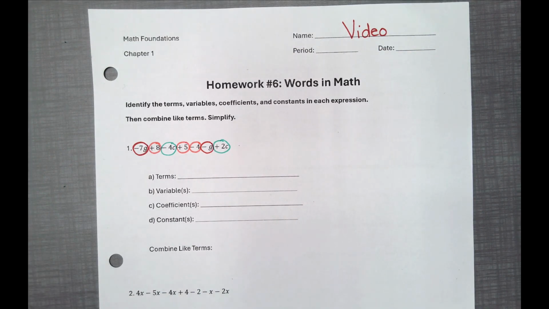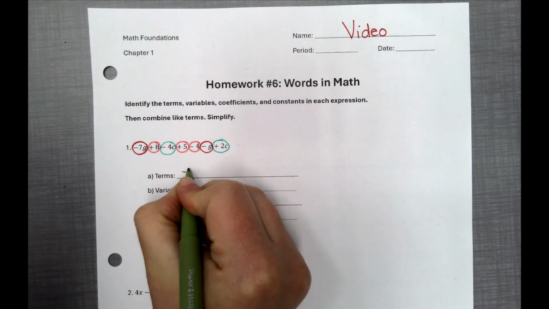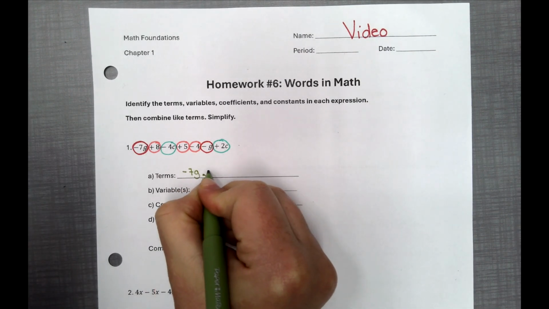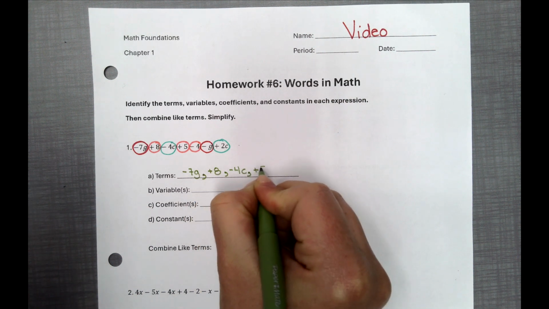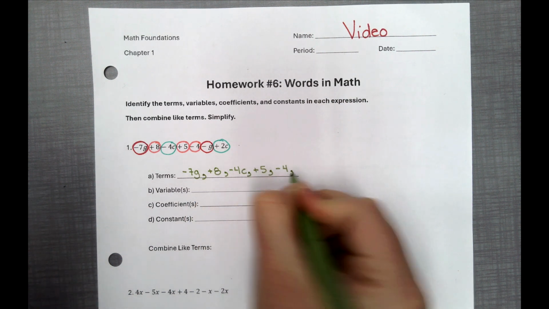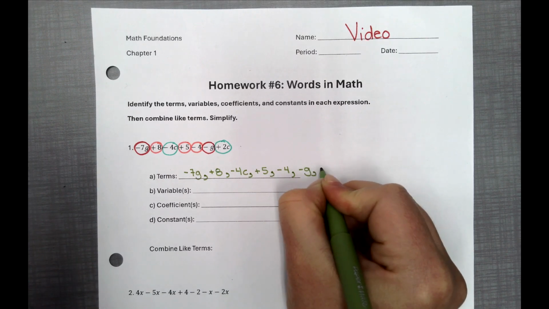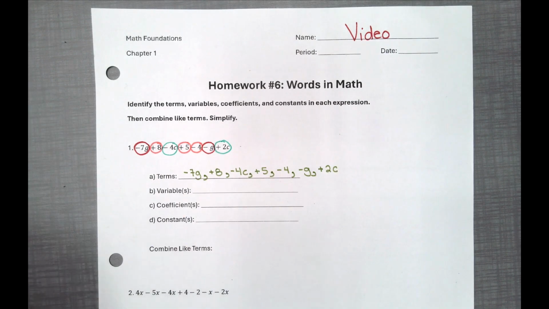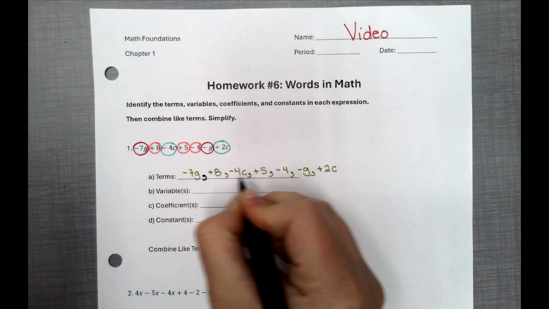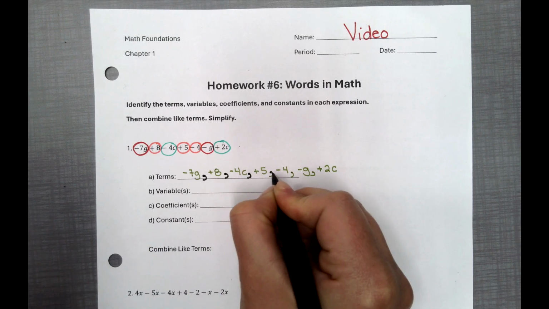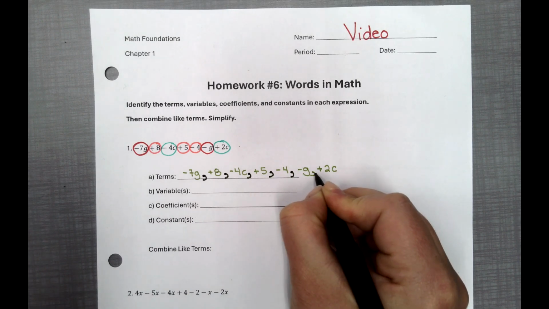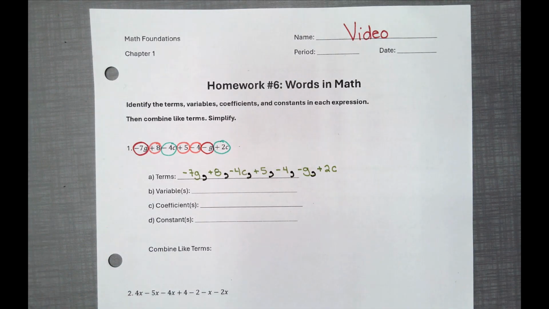So when I am writing out my terms, I'm going to copy paste, but every single thing gets a comma. So I am changing nothing. I am just writing with everything with a comma. Commas are important because we create a list. So I have -7G, comma, +8, comma, -4C, comma, +5, comma, -4, comma, -G, comma, and a +2C.